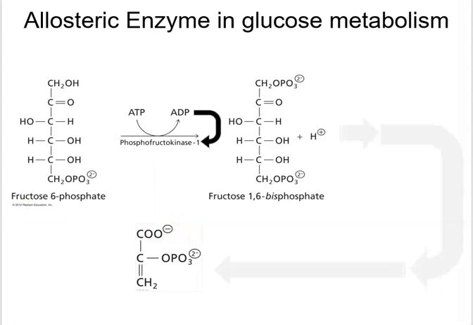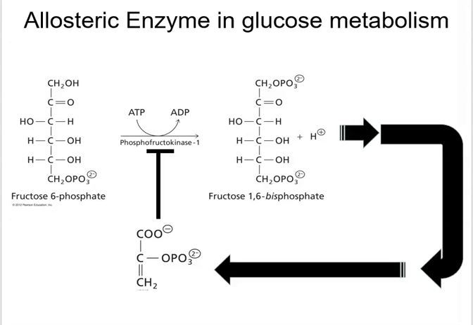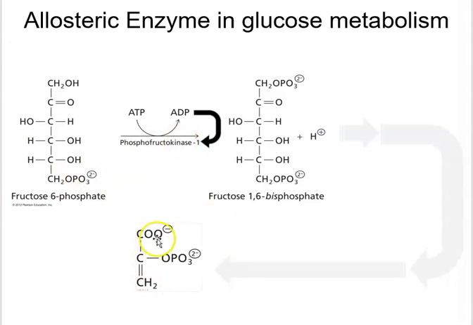So these are the two possibilities: phosphoenol pyruvate inhibiting this enzyme, or, if we have high amounts of ADP and low amounts of ATP, we can increase the activity of this chemical reaction, and it helps to regulate the manipulation of where we have different metabolites in our bodies.